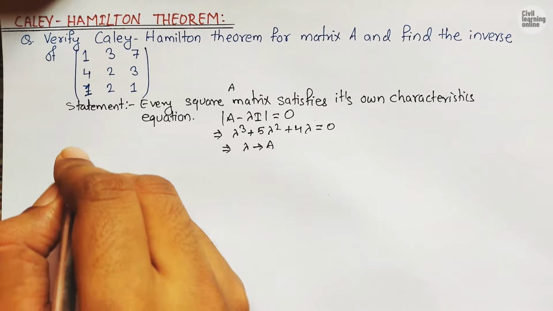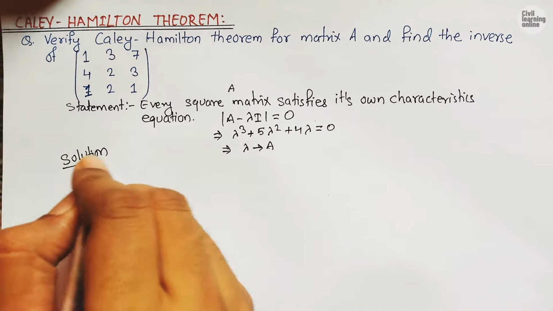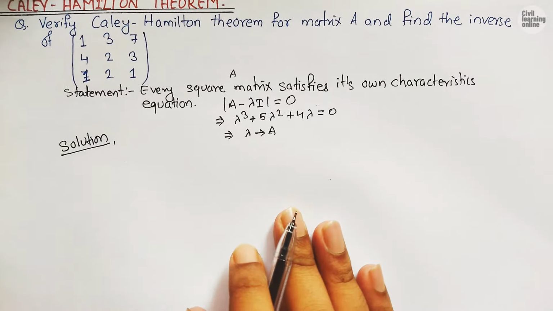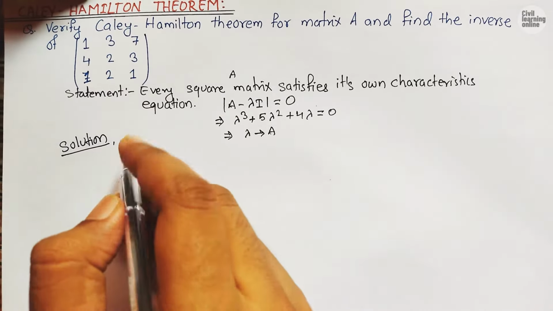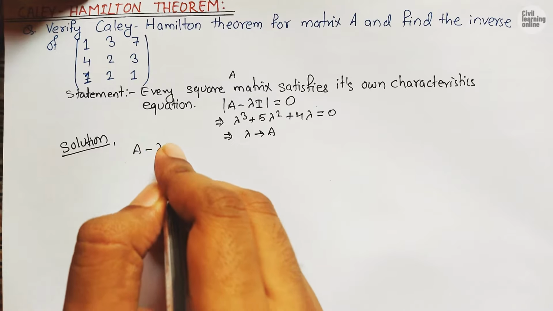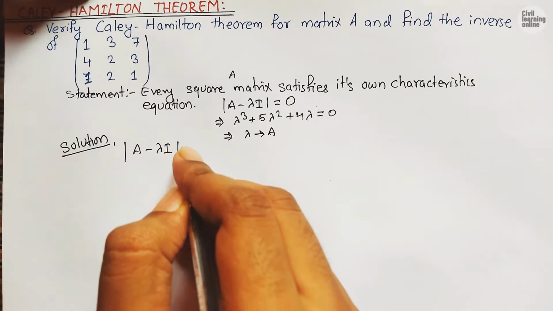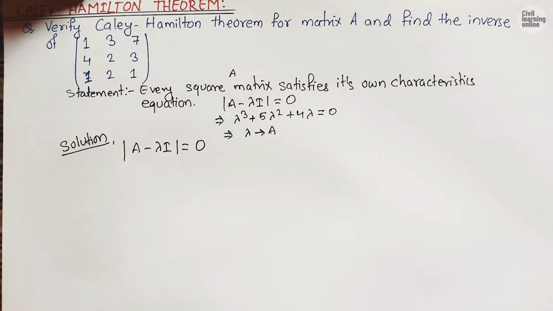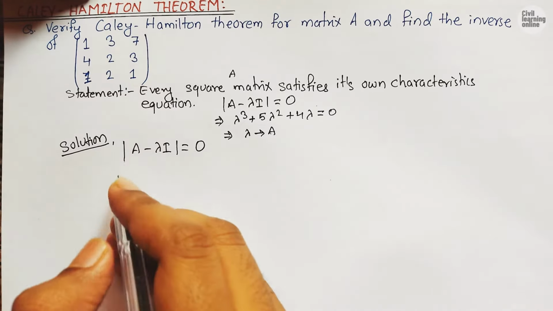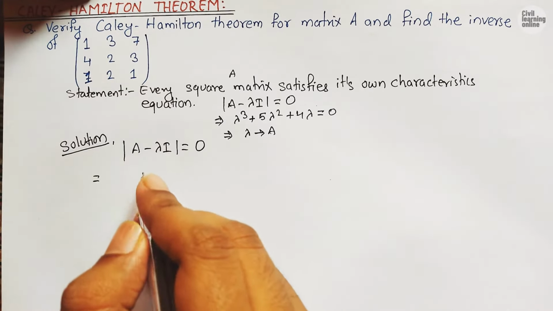So we will write here solution, and we will begin with the same characteristic equation, and that is the determinant of A minus lambda I equals 0. Now what we will have here, we will write the matrix as it is.